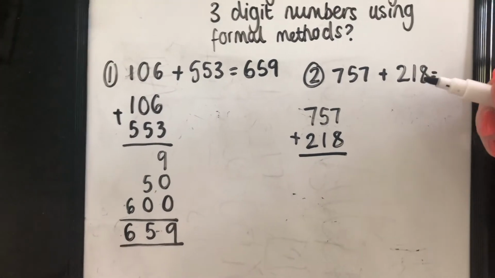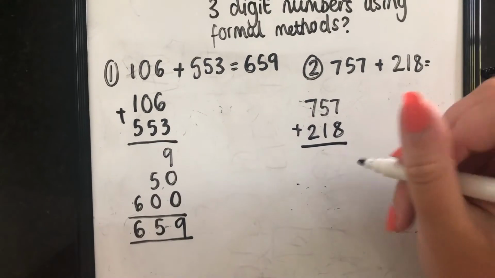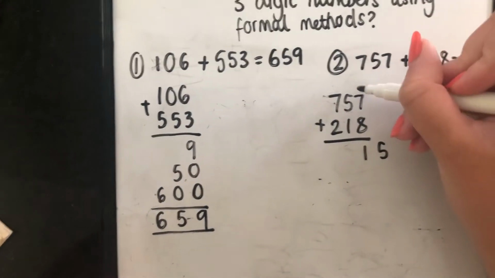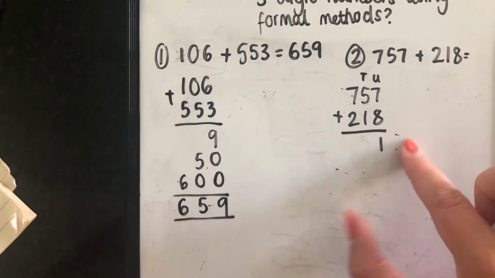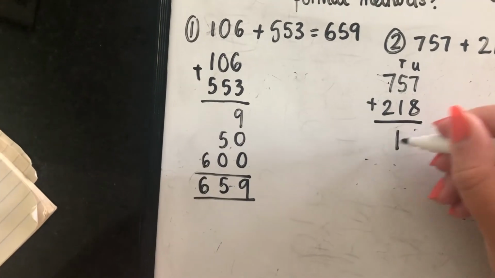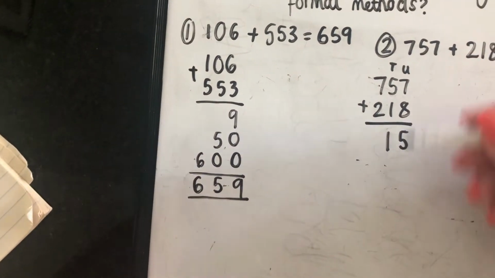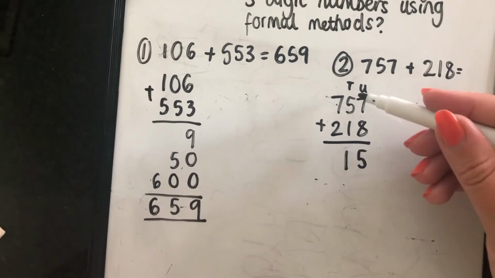What's 7 add 8? It's 15. So remember, we're not going to write 15 like that, are we? Because this is the units and this is the tens. So we need to write 15 in the right place value. 10, 5 units. Okay, now we need to add up the tens.